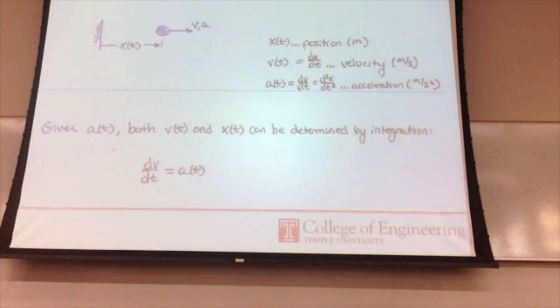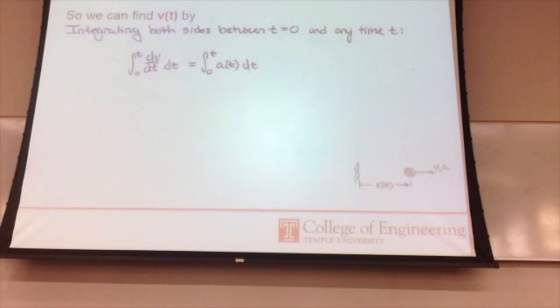So we have a of t, and we want to find velocity and position. We know from this that a of t is equal to dv/dt. If we integrate both of those from 0 to t, whatever time we want to choose as our endpoint, we can find the velocity.